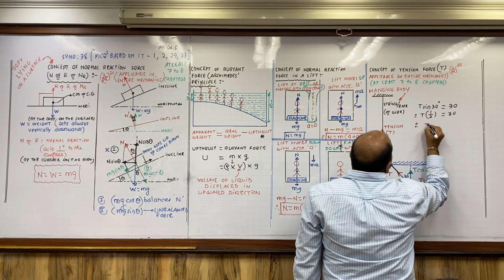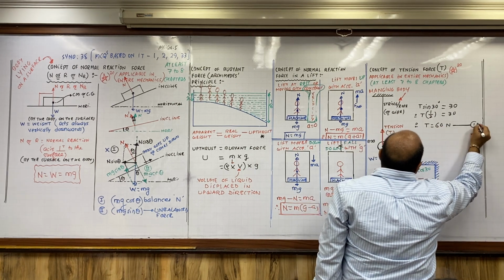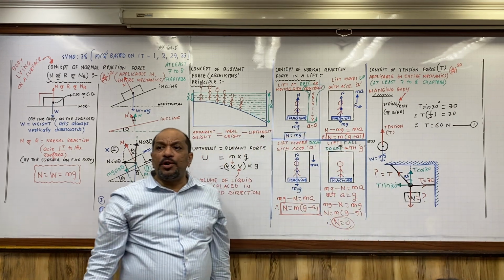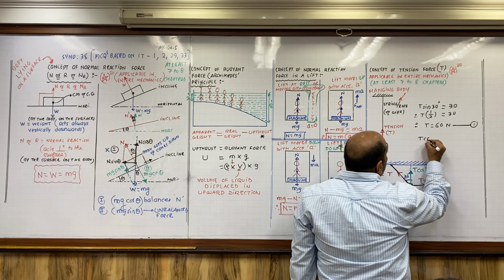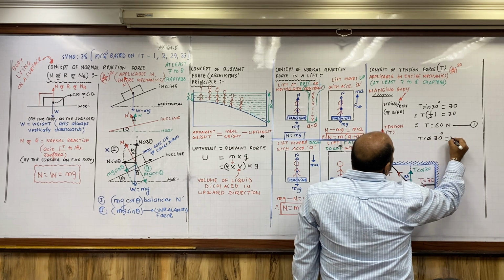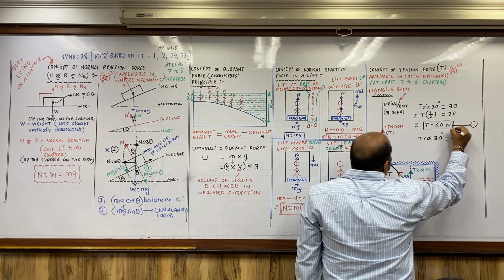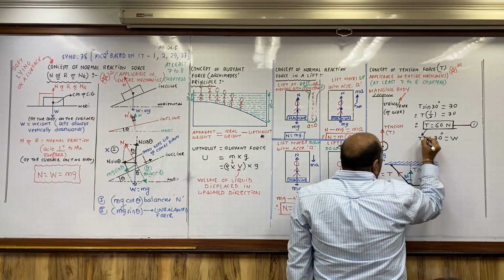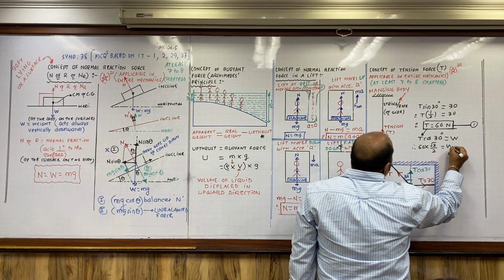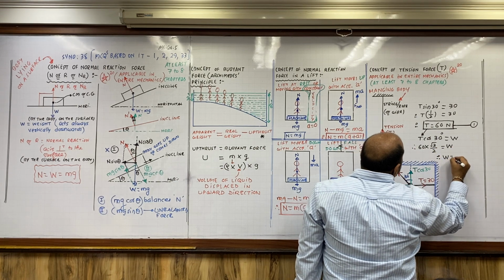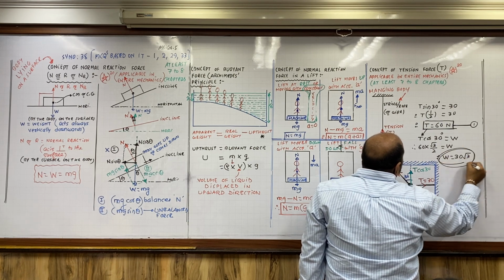So tension in the string, how much came? 60 Newton. This is one answer. I also have to find W. So can I say T cos 30 is to be compared with W, and T I have already got from here. That means 60 into root 3 by 2 is equal to W. So what is W? This is 30 root 3.